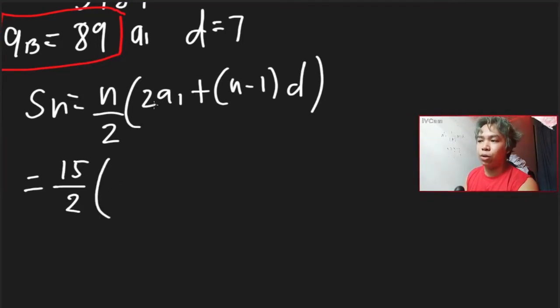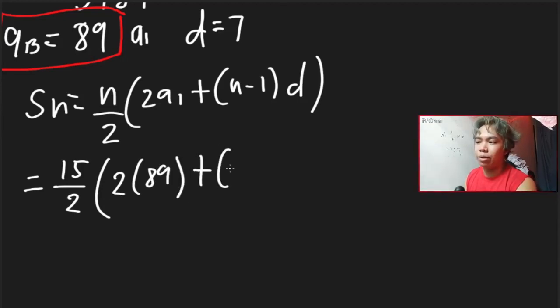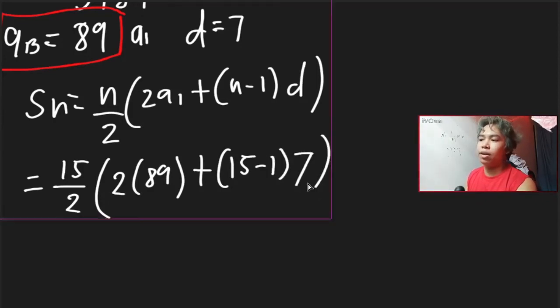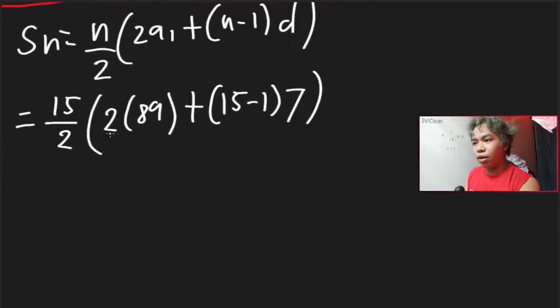And then 2 a sub 1, a sub 1 is 89. Plus n minus 1, so 15 minus 1, and then times d, which is 7. 15 over 2 is 7.5.